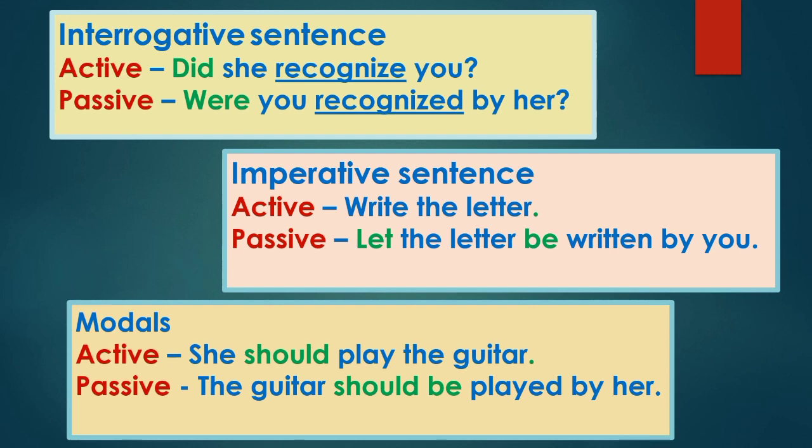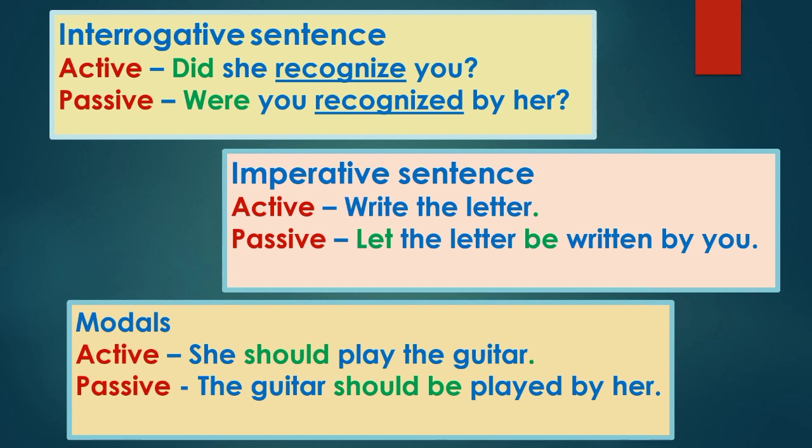So, we will apply "be" here. Third form of "write", that is "written by", according to the rule, and we will add "you" as we don't have the subject. So the sentence "Write the letter" will be converted into "Let the letter be written by you."